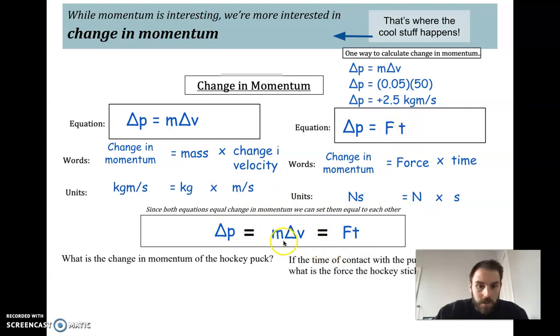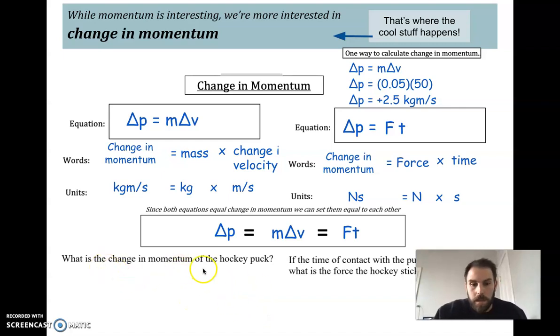And so we could also set an equation that says that mass times change in velocity equals Ft. So it just depends on your situation. Sometimes your equation is going to be this right here. Other times it's going to be delta P equals Ft. Other times it's going to be all four variables together without delta P in it. It just depends on the scenario. So let's look at an example of how you'd solve this.